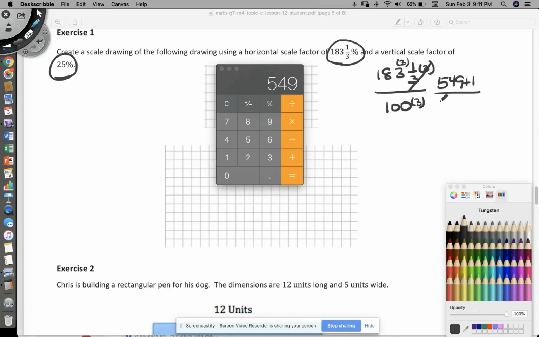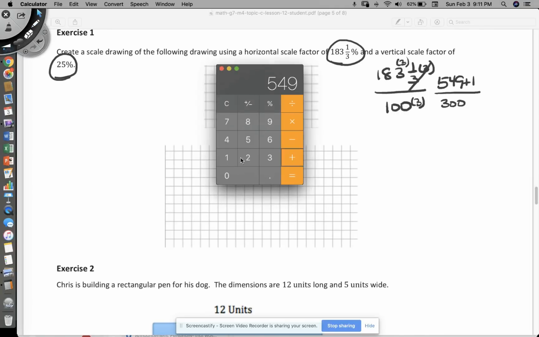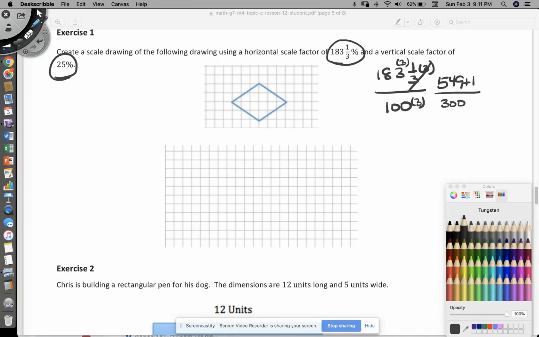And then 3 times 100 is 300. So now we have to add back in the 1, and I get 550. All right. So I now have 550 to 300, and I can reduce that down to 11/6. So we're going to use 11/6 as our horizontal scale factor.